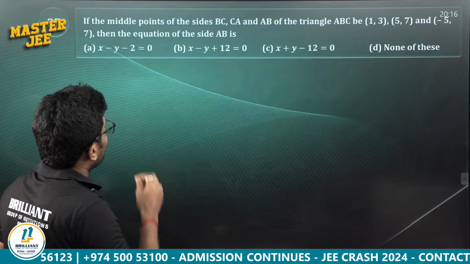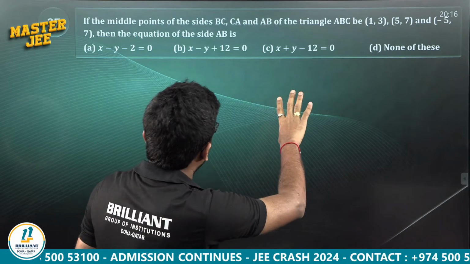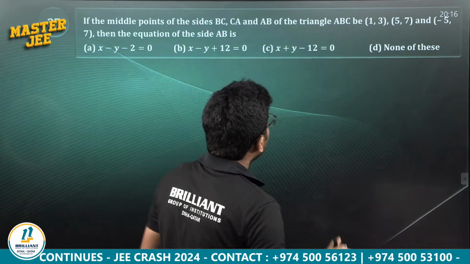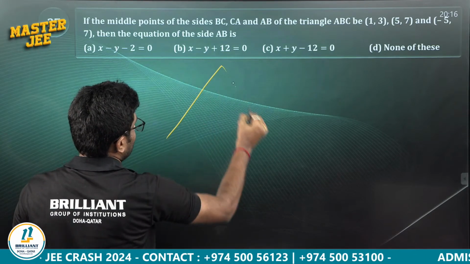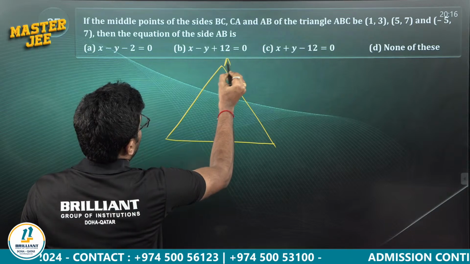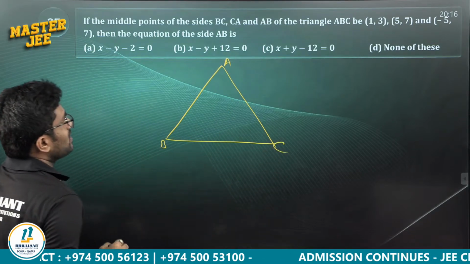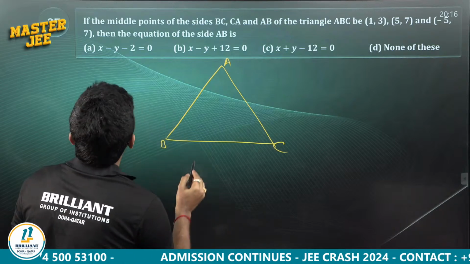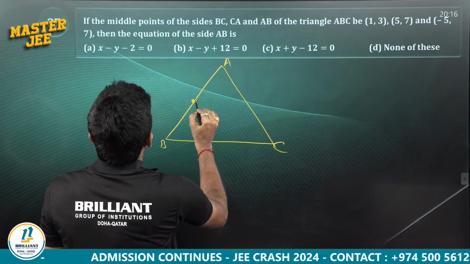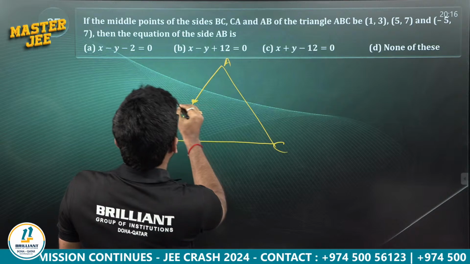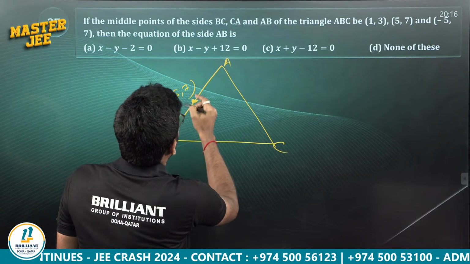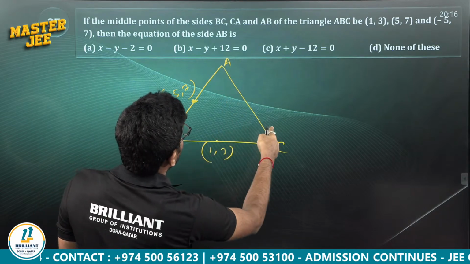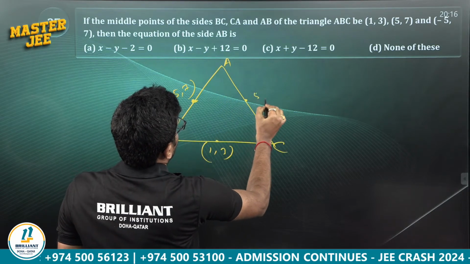If the midpoints of the sides BC, CA and AB of the triangle are given, then find the equation of the side. They have given a triangle ABC with vertices A, B, C. The midpoint of AB is (-5, 7), the midpoint of BC is (1, 3), and the midpoint of AC is (5, 7).